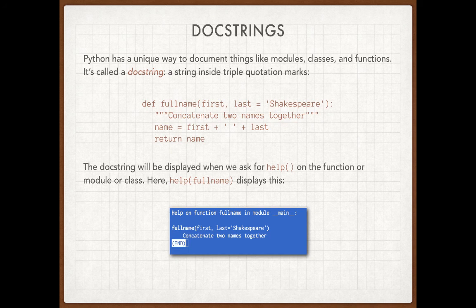DocStrings are really funky and cool because they are triple quoted strings. So here I've got triple quotes, and it says concatenate two names together. Now, why that's cool is because if Python is executing that function, it's basically a no-op, a no operation. There's just nothing for it to do. It's not an assignment. It's not a function. It just says, oh, here's a string that happens to be on this line.